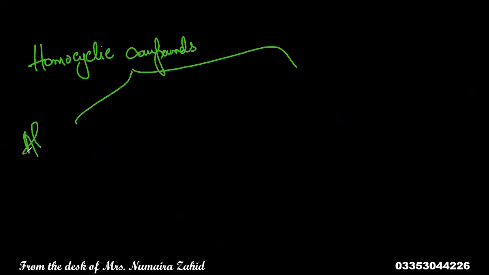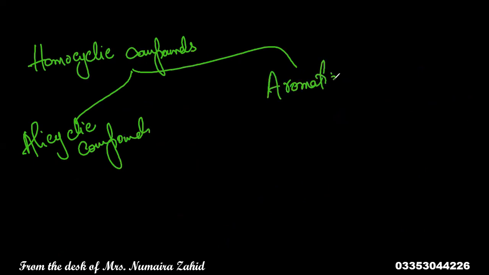So homocyclic compounds are further classified into 2 categories: alicyclic compounds and aromatic compounds. Now, what is the difference between alicyclic compounds and aromatic compounds?